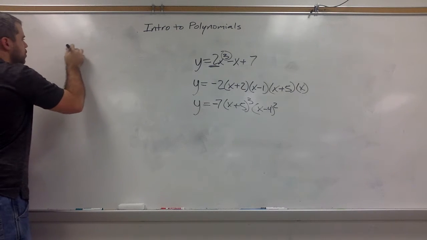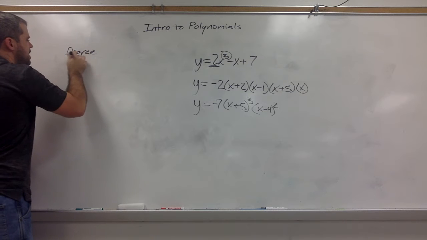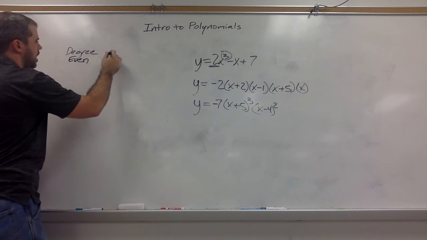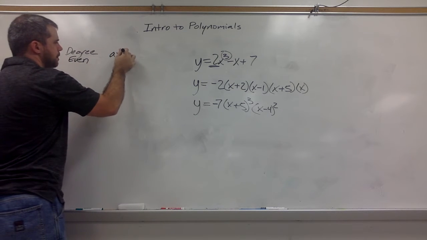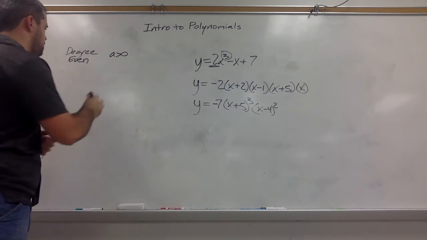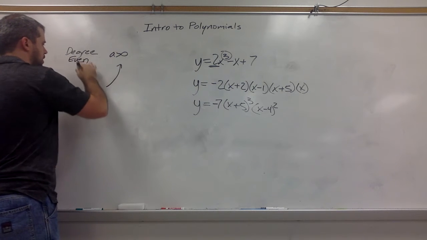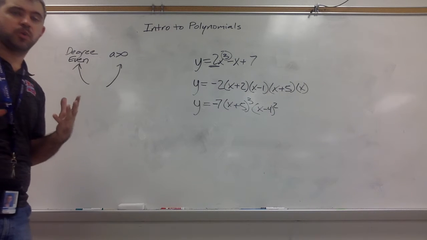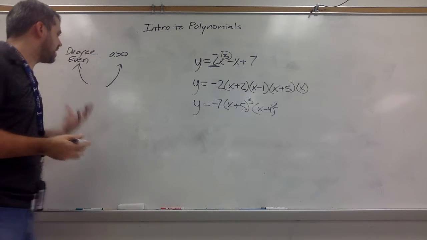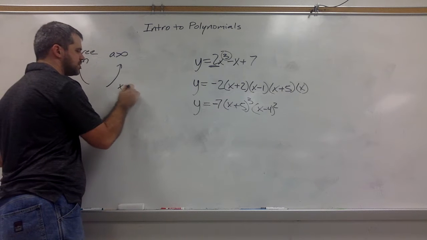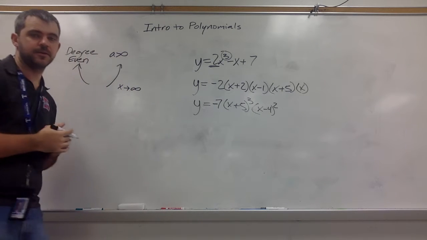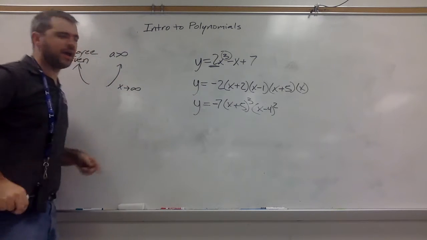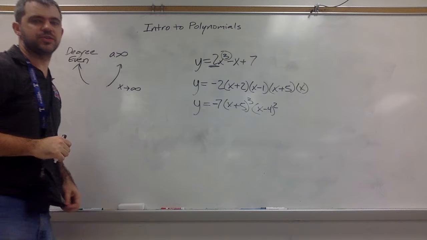So if the degree is even and a is positive, then the end behavior is going to look like this. Now, the way that it's going to ask this on your assignment is it's going to say, what happens as x goes to infinity? As x gets really, really big, what happens to y? Well, you can see that y goes to infinity.